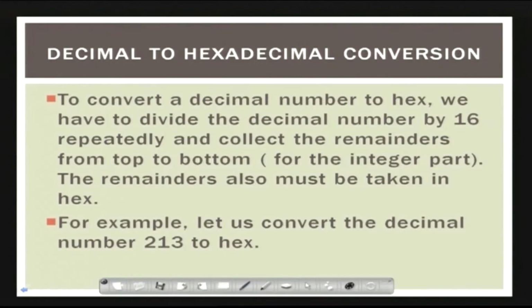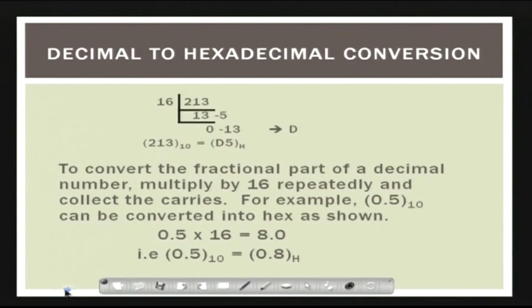For that, let us take an example and try to convert 213 to hexadecimal form. Here you can see I have divided 213 by 16. In 21, 16 will go 1 time and we get 53. In 53, 16 will go 3 times and we get a remainder 5.